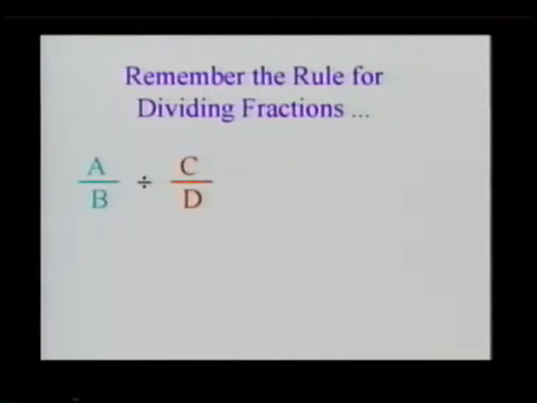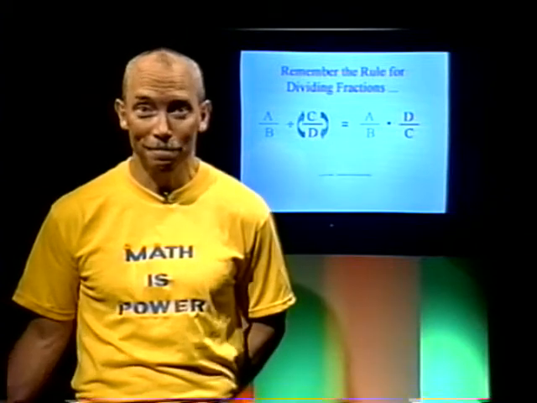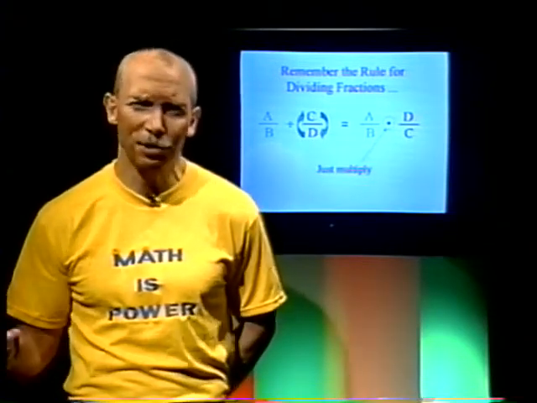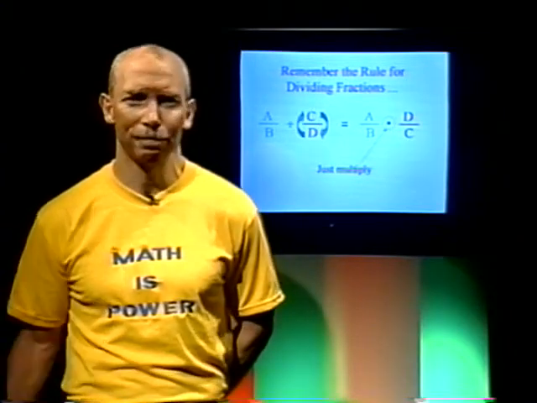Actually you don't divide, you multiply. It's the same as a over b times d over c. So basically we just reciprocate the second fraction and multiply. And since you already know how to multiply, you're good to go. That's all you have to do.